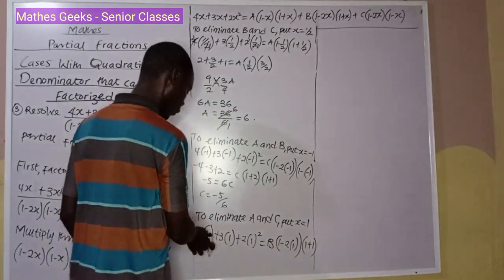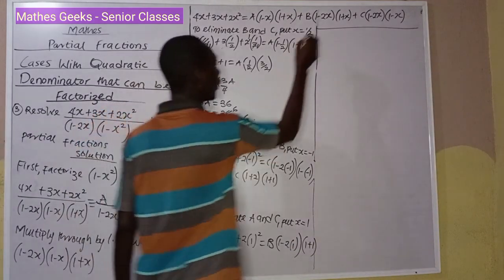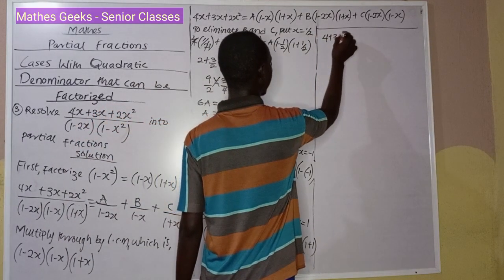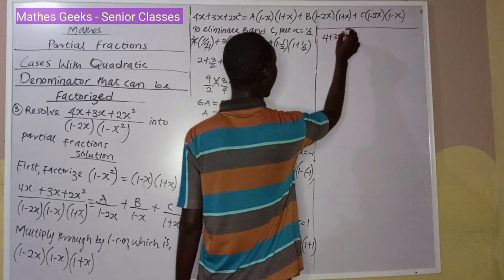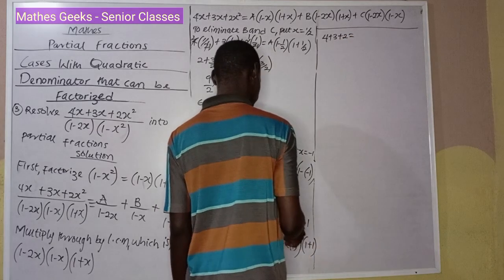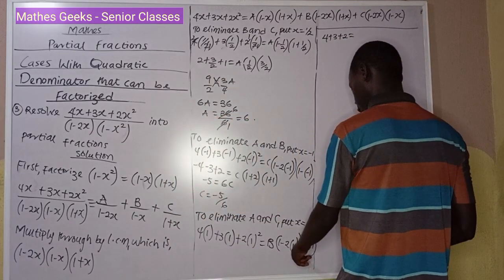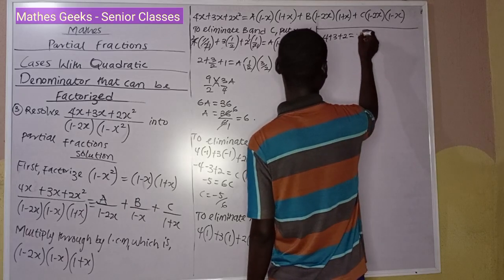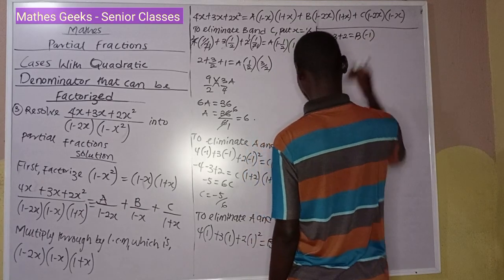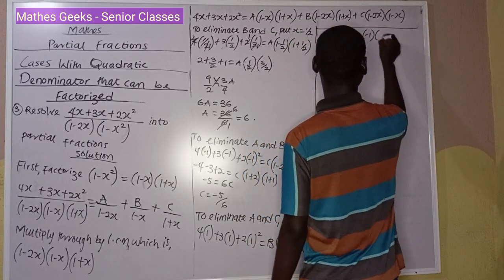So 4 times 1 is 4, 3 times 1 is 3. This is 4 plus 3 plus 2 is equal to 2 times 1 is 2, 1 minus 2 will give us minus 1, b minus 1, 1 plus 1 is 2.